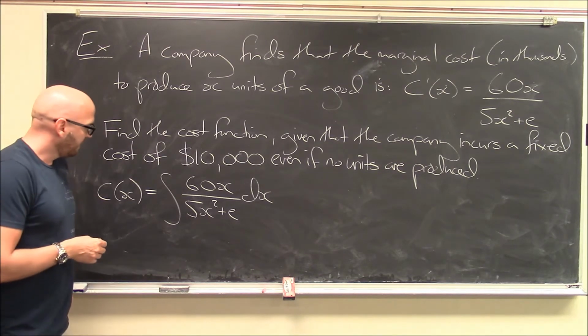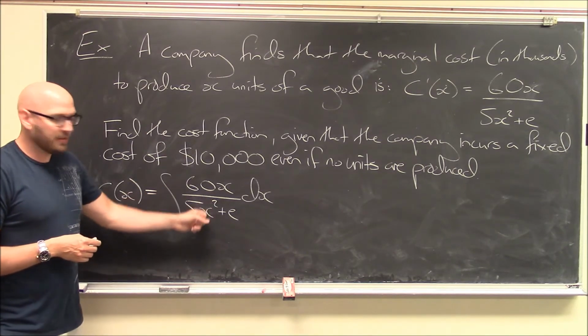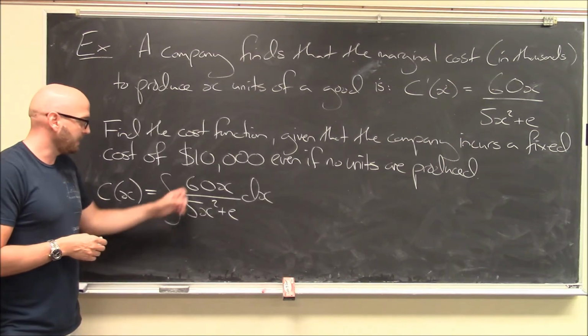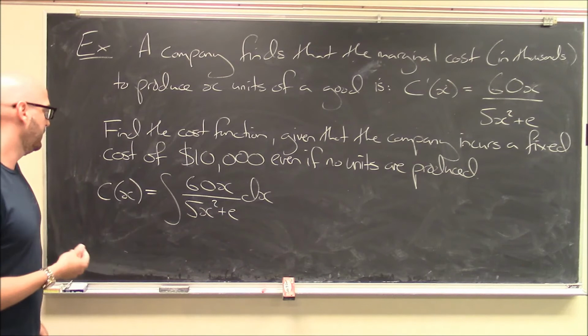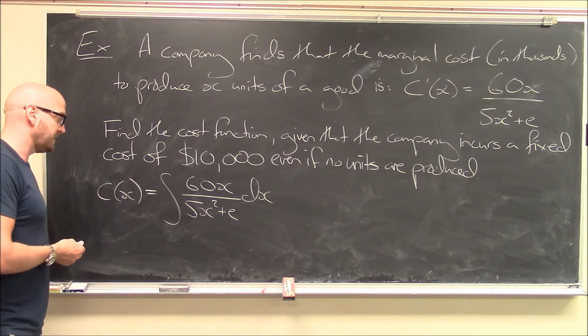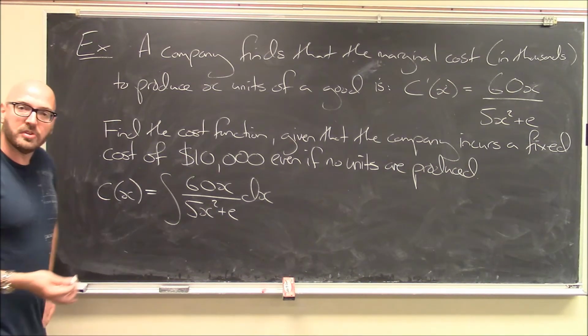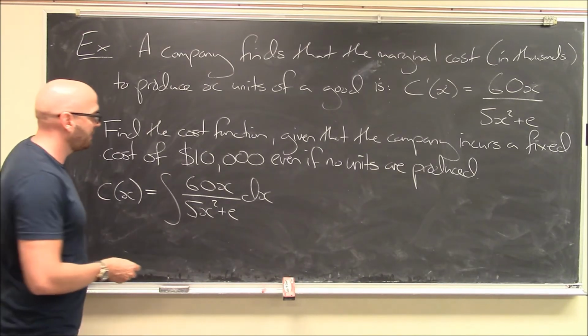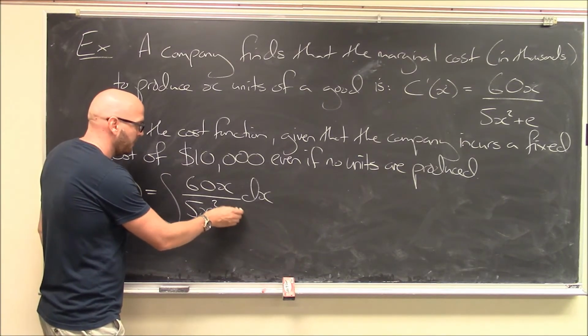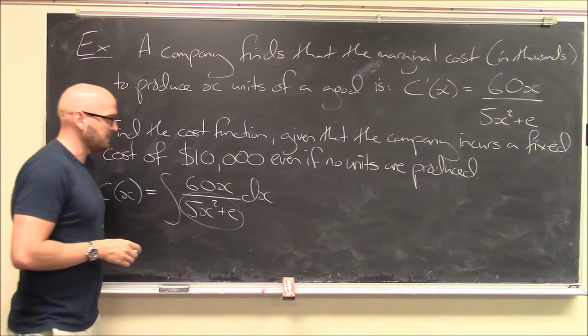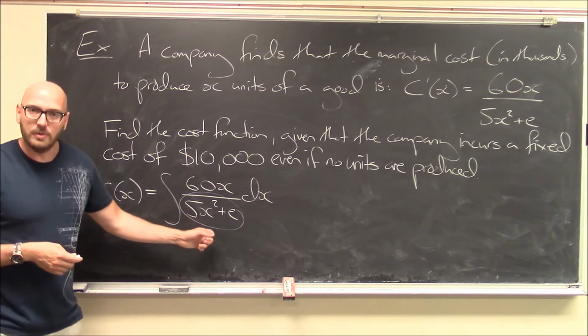And this is a pretty complicated looking function. I don't think any amount of algebraic manipulation will turn this into just powers of x, like a polynomial. So I'm thinking I want to make a substitution. I don't see any compositions here that are forcing my hand, but what I'm going to do is similar to the last problem, which is since I've got this rational function, I'm going to try letting u be the entire denominator.